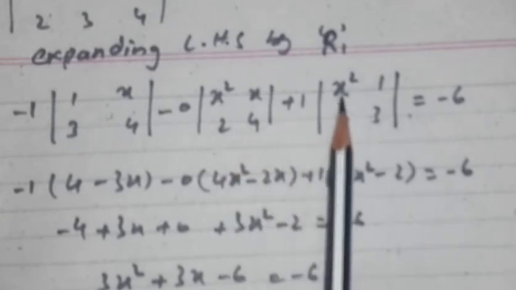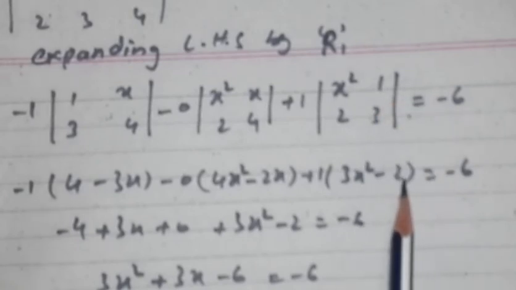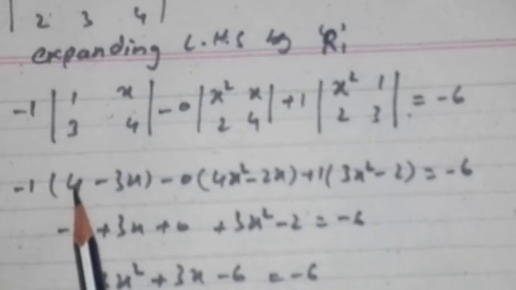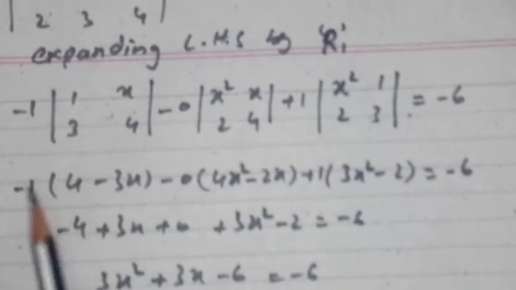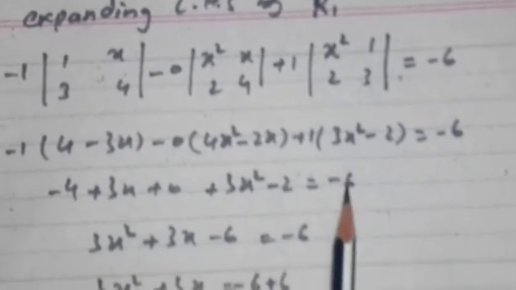Now minus 1 into 4, we get 4, and minus 3x, here minus 0, 4x square minus 2x, and here plus 1, 3 into x square, 3x square, and minus 2 into 1, we get minus 2 equals to minus 6. Now multiply it. Here minus 4 plus 3x, 0 into this whole term becomes 0, 1 into 3x square, and 1 into 2 minus 2, we get minus 2 minus 6.